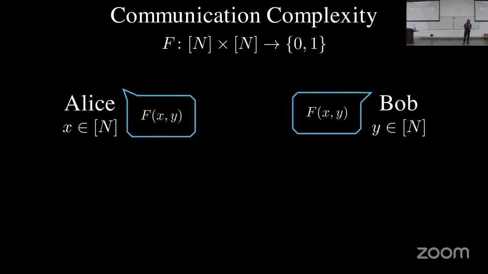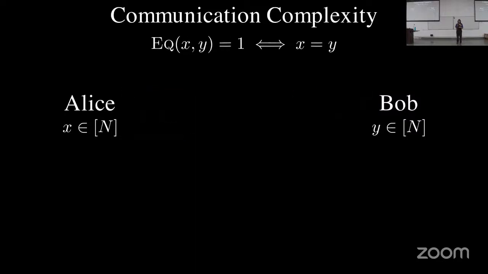Okay, so let me give you a simple example of such a function where this communication complexity makes sense. It's called equality. In equality, Alice and Bob are given these inputs, and they want to output one if and only if their inputs are equal. So what they can do is Alice can just send Bob X, and Bob can send her back whether X and Y are equal or not.